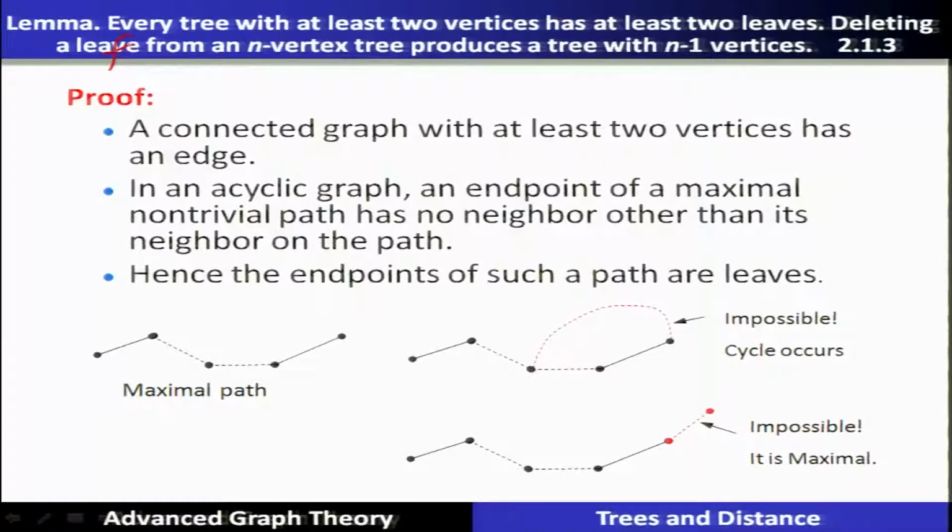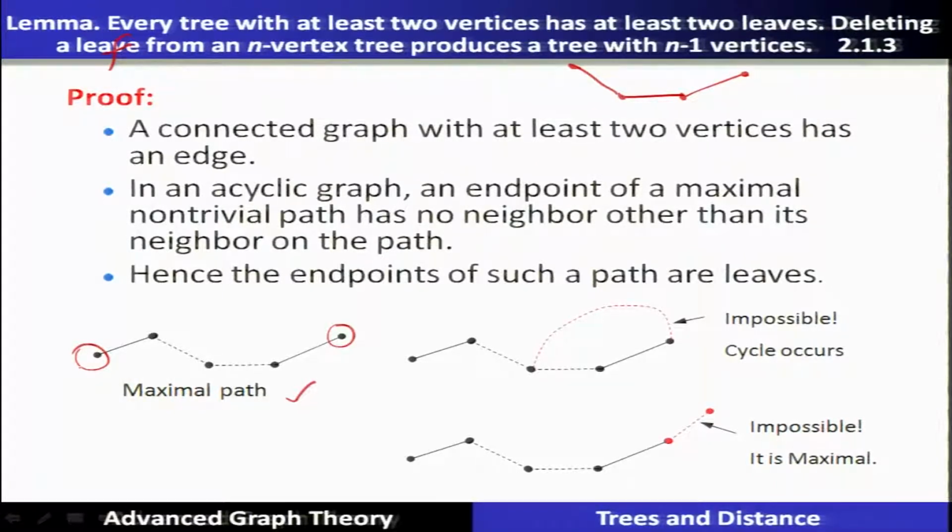Now a connected graph with at least 2 vertices has an edge. Now in an acyclic graph, an endpoint of a maximal non-trivial path has no neighbors other than its neighbors on the path. So if we consider the maximal path, then in that particular path these 2 vertices are basically the leaf nodes, and hence an acyclic graph, that is a tree with at least 2 vertices, has at least 2 leaves.